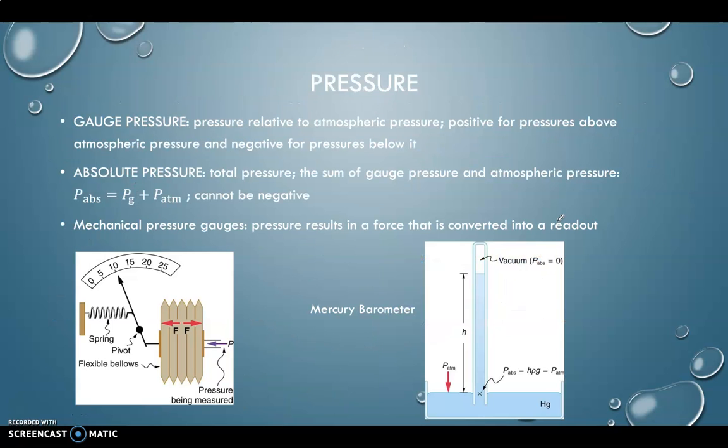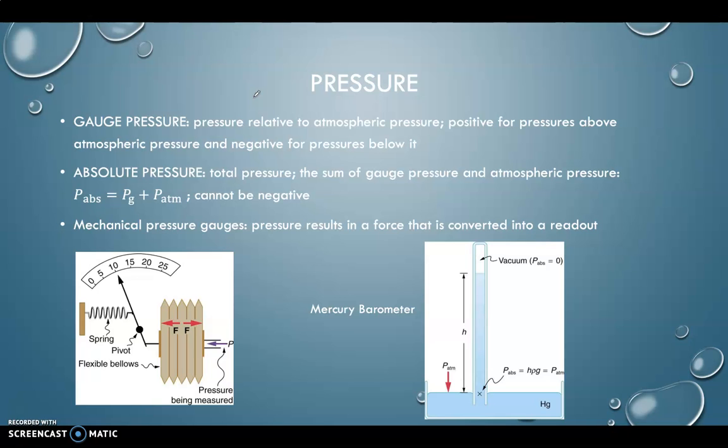Now we want to look at different kinds of pressures. There's one we call gauge pressure, and that's the pressure that's relative to atmospheric pressure. This will be positive for pressures above atmospheric pressure and negative for pressures below it.